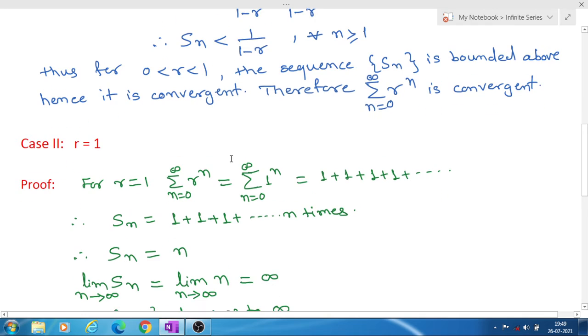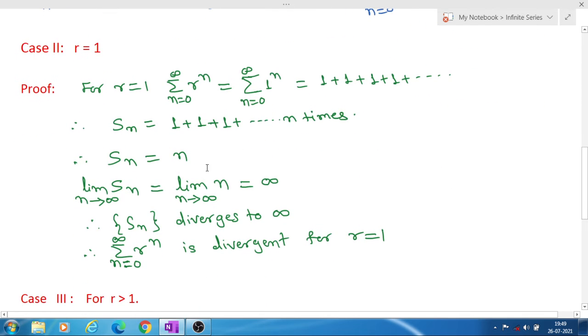Now let us see the second case. Suppose r is equal to 1. Now when r is equal to 1, this series summation r raised to n becomes summation 1 raised to n. Therefore this is equal to 1 raised to 0, that is 1, plus 1 raised to 1, that is 1, plus 1 raised to 2, that is 1.